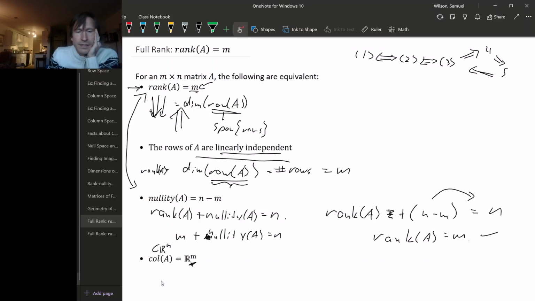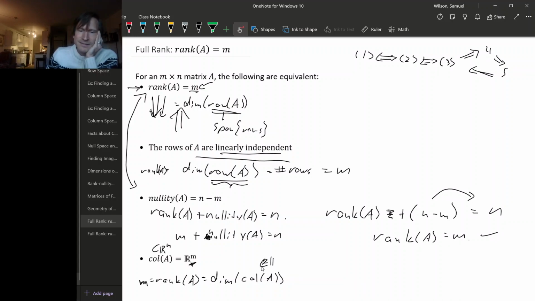The rank is the dimension of the row space, but the dimension of the row space and the dimension of the column space are the same, which isn't obvious, but that's something that we proved. So the rank, which we're assuming is m, is the dimension of the column space.